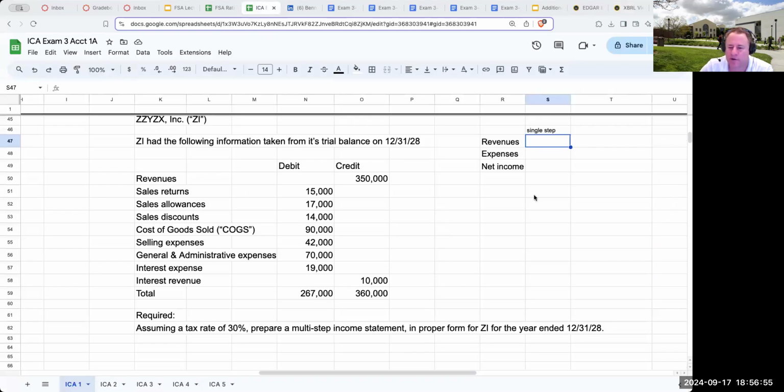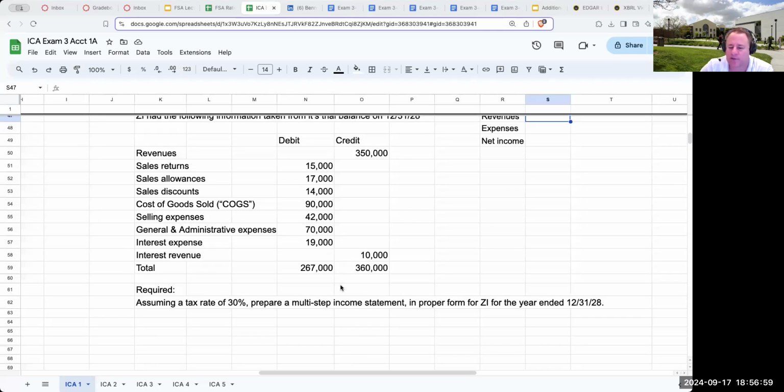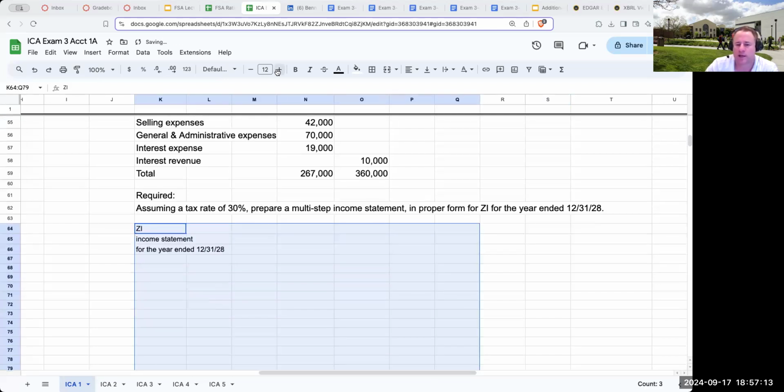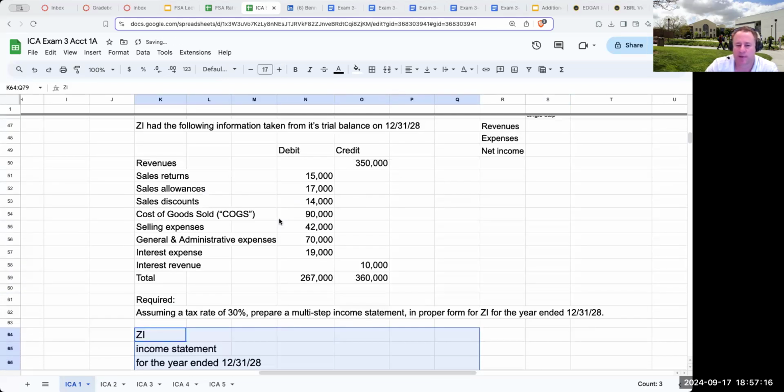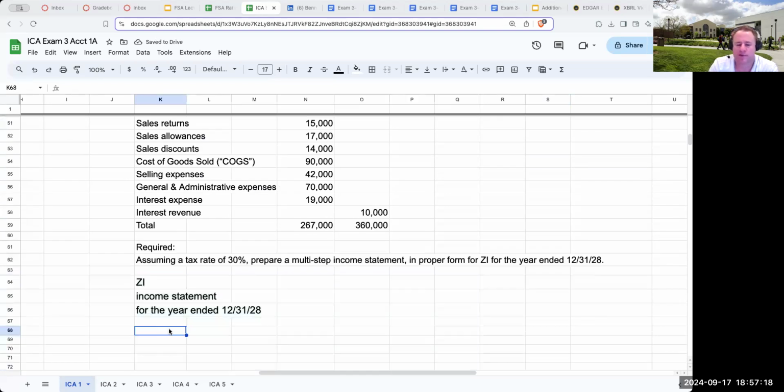So right over here, this is single step. I'm asked to prepare a multi-step income statement in proper form for ZI for the year ended 12/31/28. So I'm going to say ZI income statement for the year ended 12/31/28. When I'm doing a multi-step income statement, I'm going to start with sales.